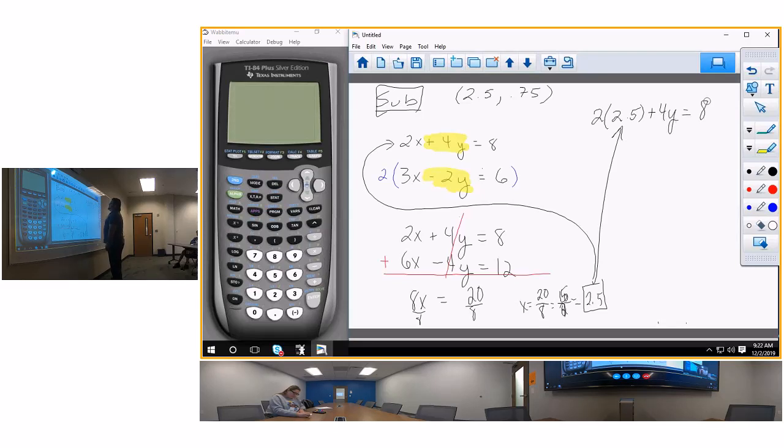What's 2 times 2.5? 5. Plus 4y is equal to 8. Minus 5, minus 5. 4y is equal to 3.